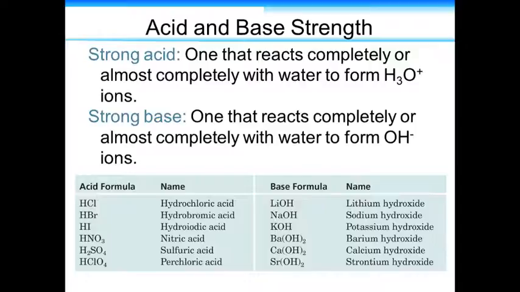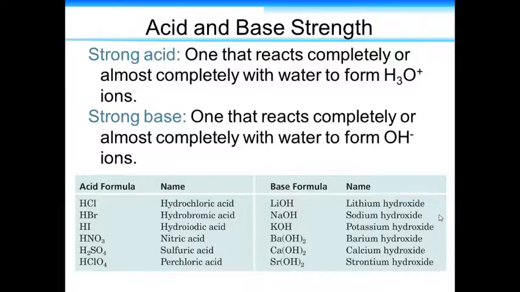For a strong base, every formula unit you put into solution produces OH minus, at least one. These are our strong acids and strong bases. There aren't very many of them.